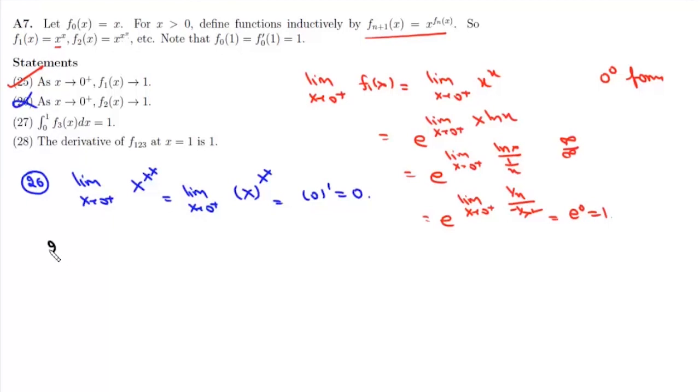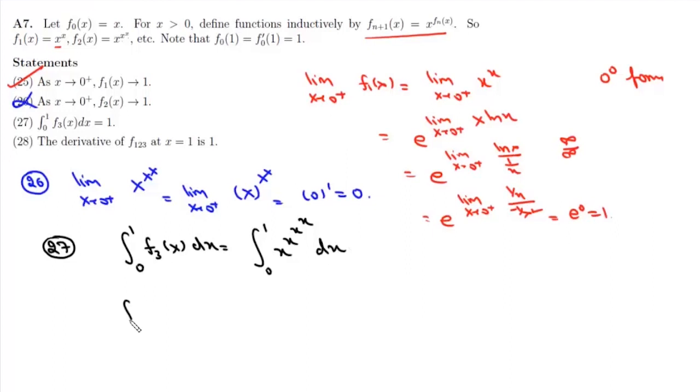Now this 27th is this integral from 0 to 1 of f3(x) dx. Now f3(x) is x to the power x to the power x. Now if you look at this function f3(x), it is x to the power x to the power x, where x lies between 0 and 1.